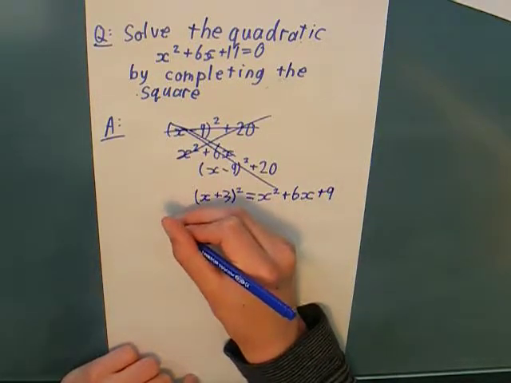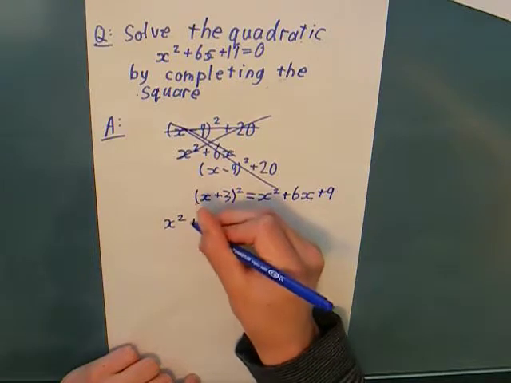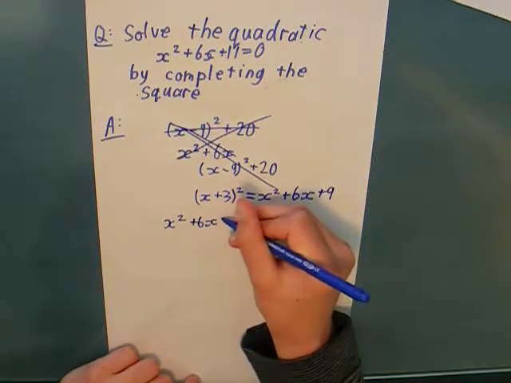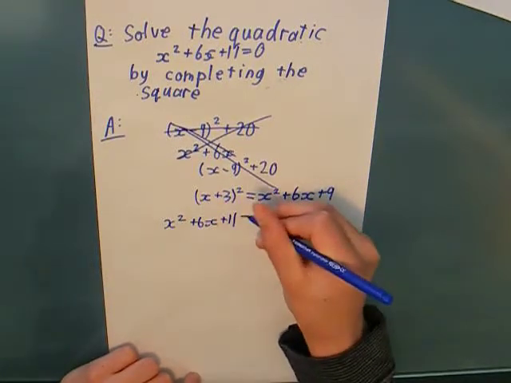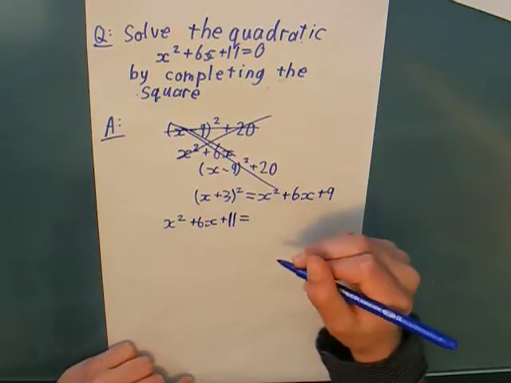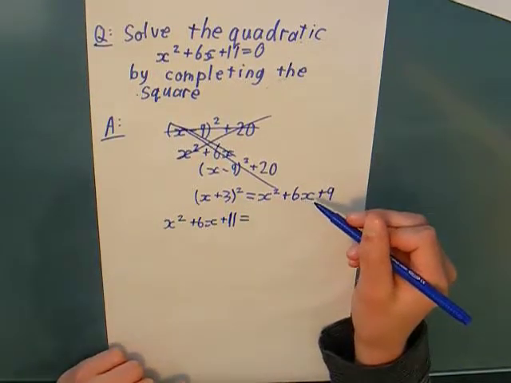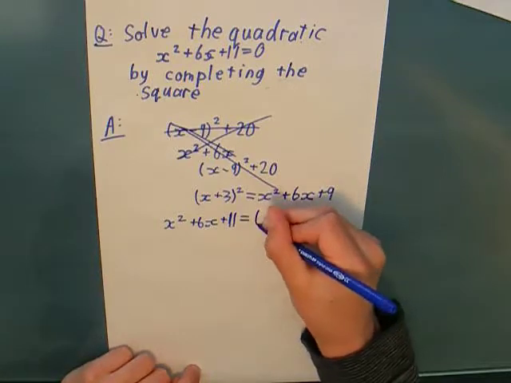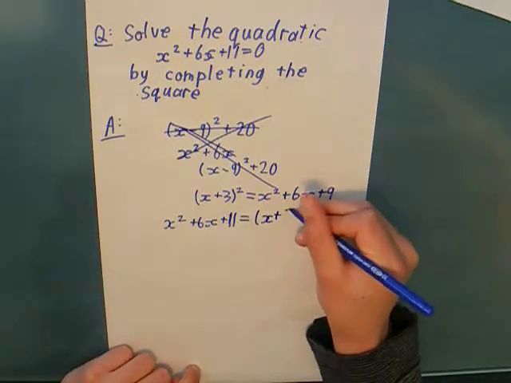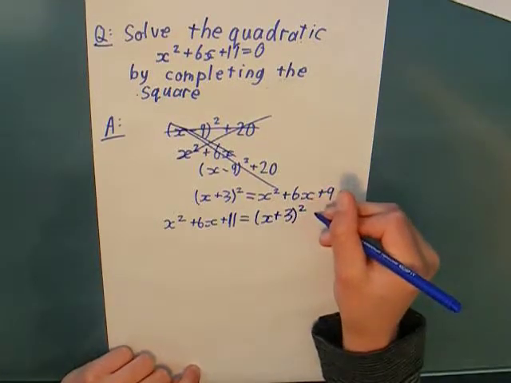So, therefore, x squared plus 6x plus 11 equals this plus 2, or just x plus 3 squared plus 2.